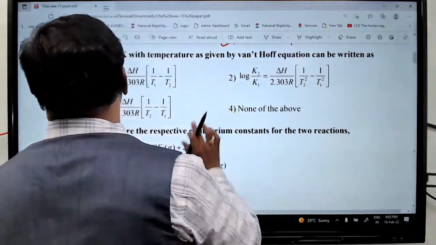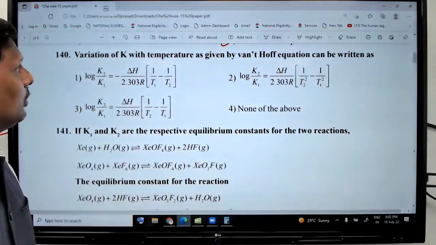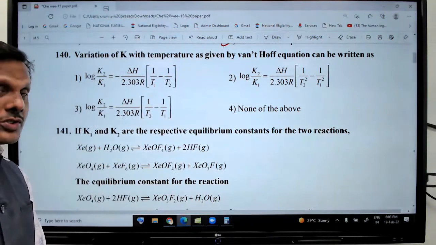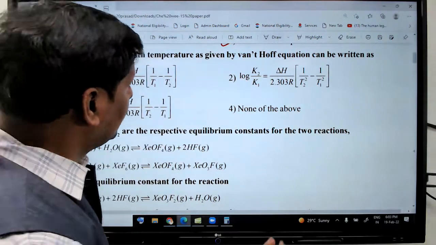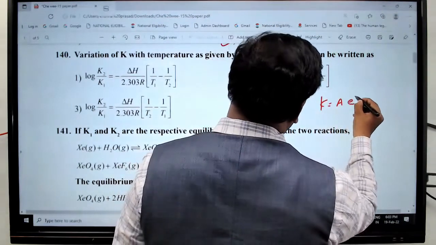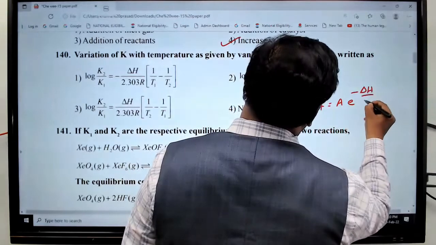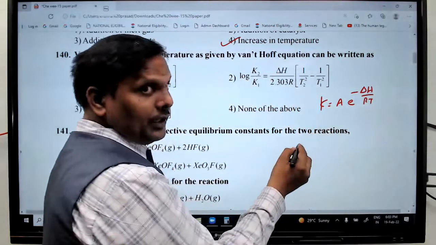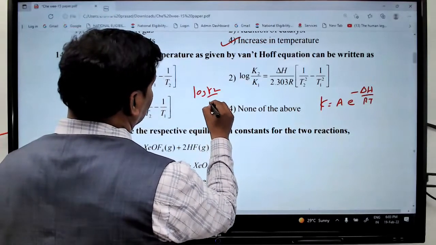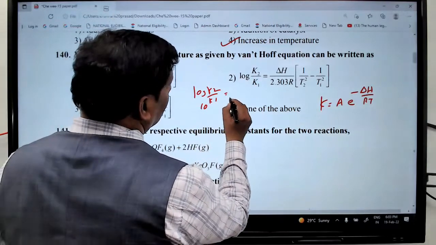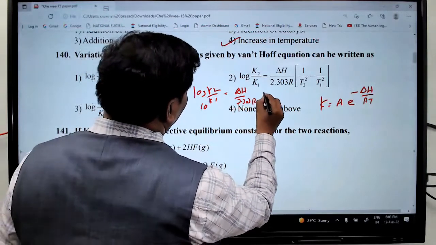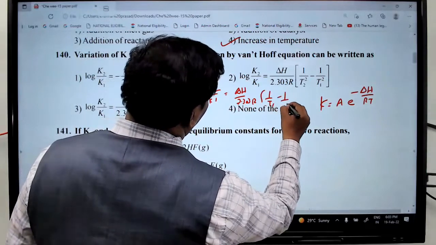Next, question number 140. Which of the following is the Van 't Hoff equation? So the equilibrium constant depends upon temperature. We discussed that; I think you remember this equation. K is equal to A into e to the power minus delta H by RT. For two different equilibrium constants, it is log K2 by K1 to the base 10 equals delta H by 2.303 R into (1 by T1 minus 1 by T2).